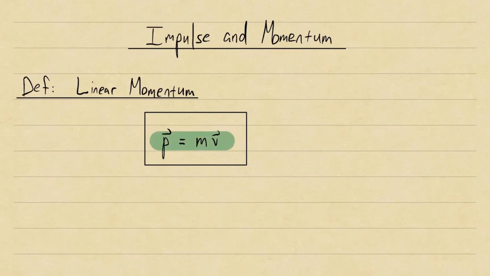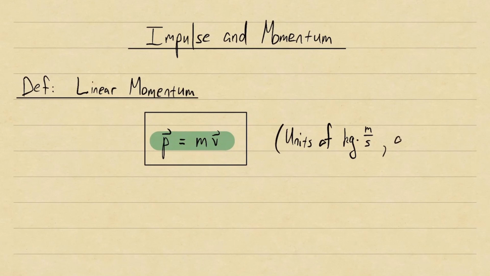The linear momentum is going to have units of, and so note how we actually define the momentum. It's the mass times the velocity. So the mass has units of kilograms, and the velocity has units of meters per second. So units of momentum are kilograms times meters per second.